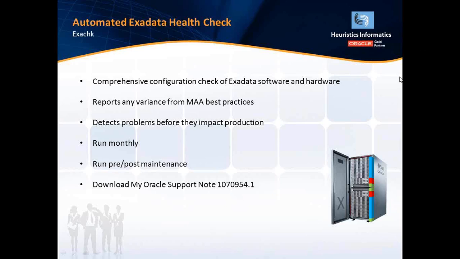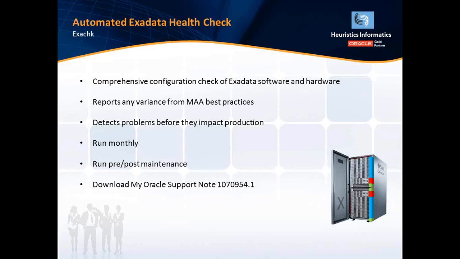In addition, there are what is known as automated health checks built into the Exadata. There is a script that can be scheduled to run, which is called Exacheck. It is a very, very comprehensive configuration check of the entire Exadata software and hardware. Basically a 100-point check that will spit out a pretty large HTML file giving you a rating out of 100, how many points you scored and what are the areas that need attention.